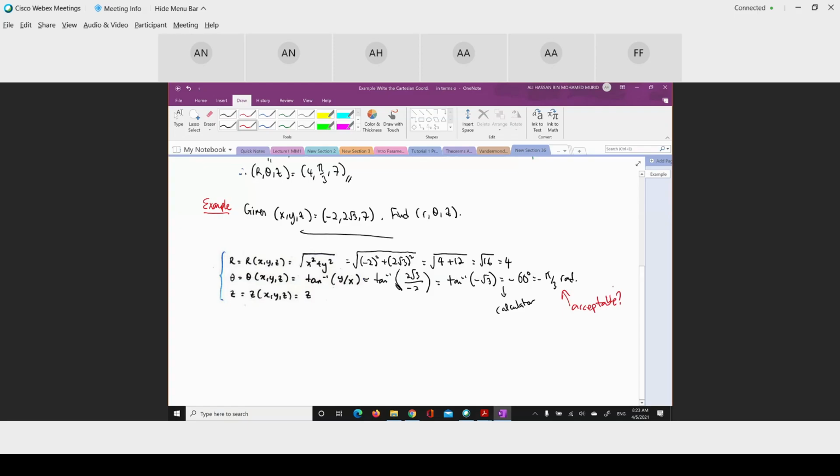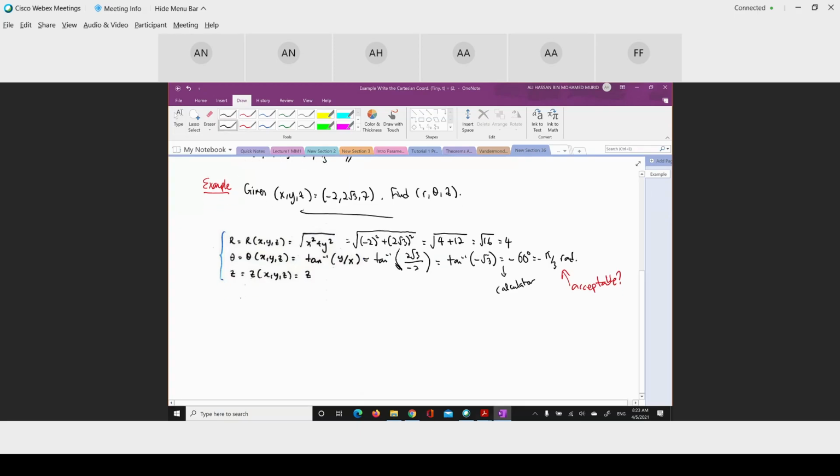Well, look at the position of the given point. -2, 2 square root 3 lies in which quadrant of the xy plane? I'm just focusing on the xy plane here.